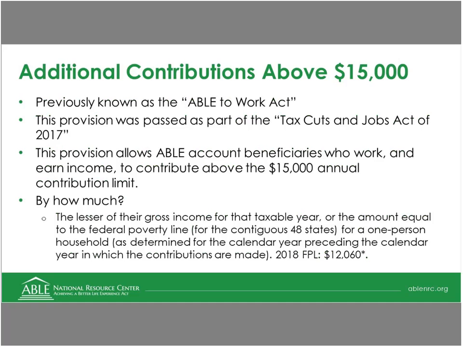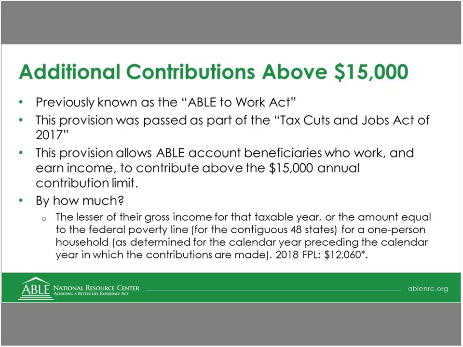As a result of a person working and earning income, how much extra can they contribute into their ABLE account above that $15,000? The answer is the lesser of their gross income for that taxable year, or the amount equal to the federal poverty line of the contiguous 48 states for a one-person household.